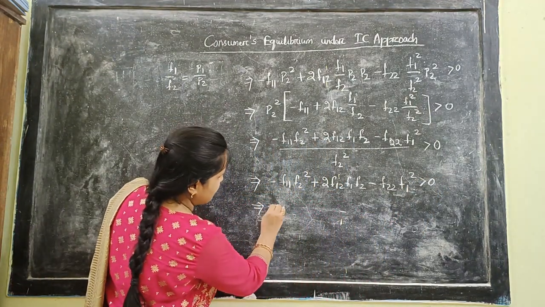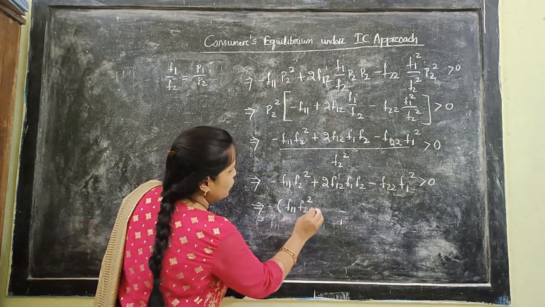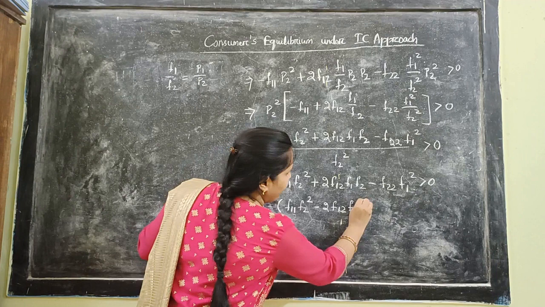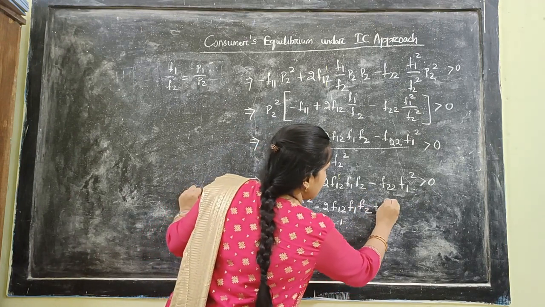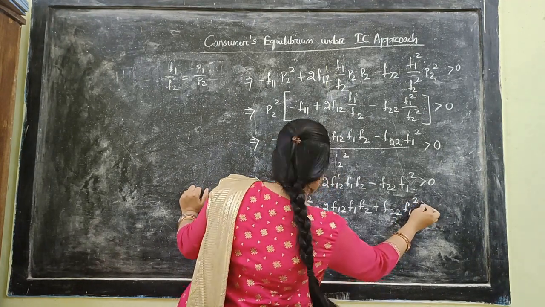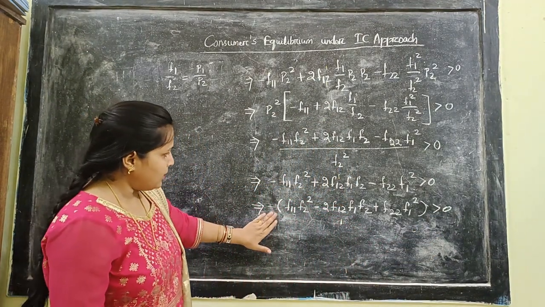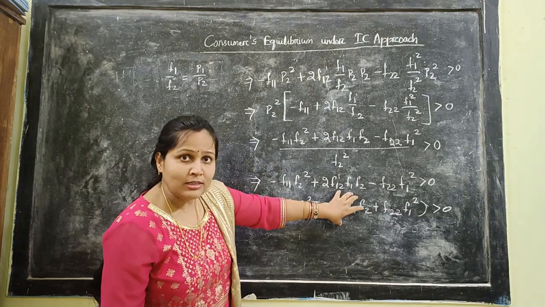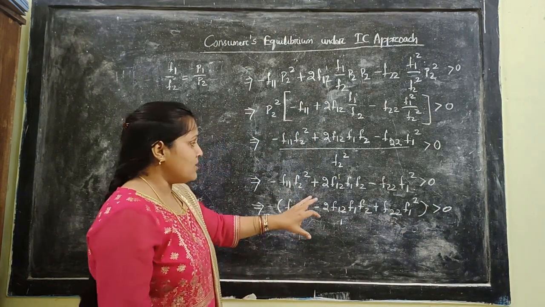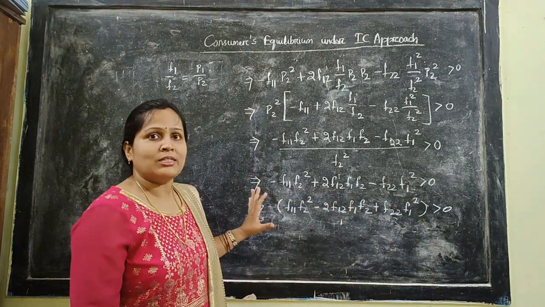Now to take this minus as common, what we have is F11 F2 square minus 2F12 F1 F2 plus F22 F1 square. It has to be positive overall, so minus and this bracketed term, the multiplication of this should be greater than 0. That means this bracketed term has to be negative to make the whole term positive, right?